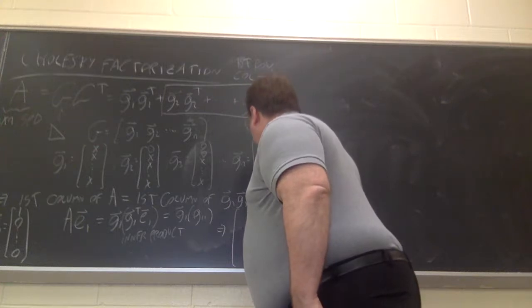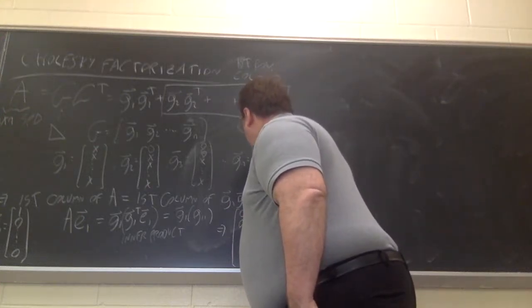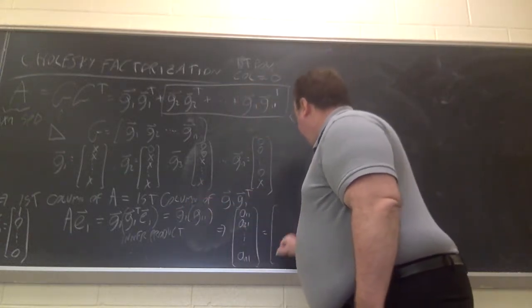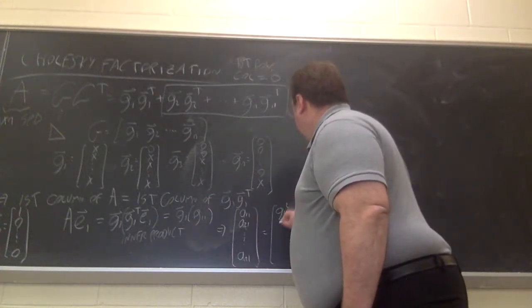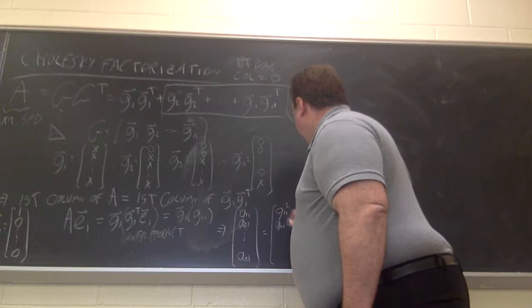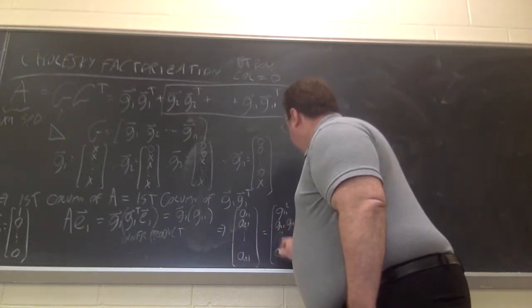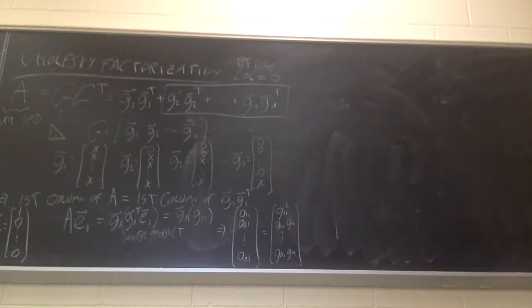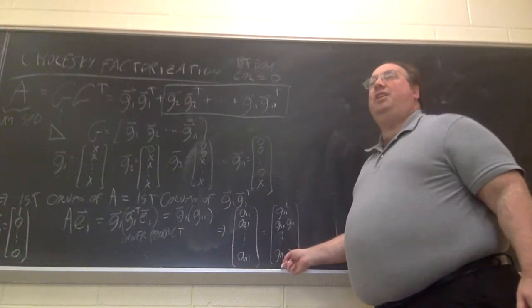First column of A: A11, A21, down to AN1, equals G11 squared, G21 G11, and so on, down to GN1 G11. This had been worked out last time in a different way, but now we see how we get all the elements of G1.